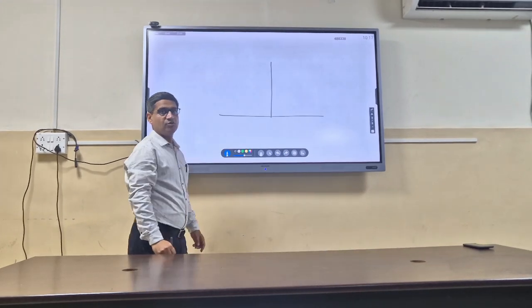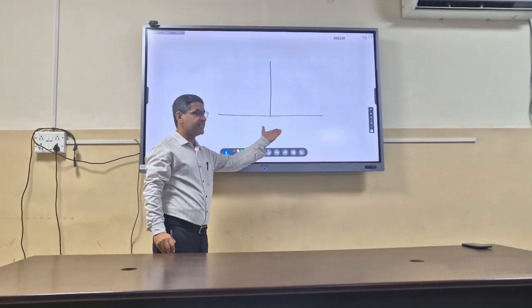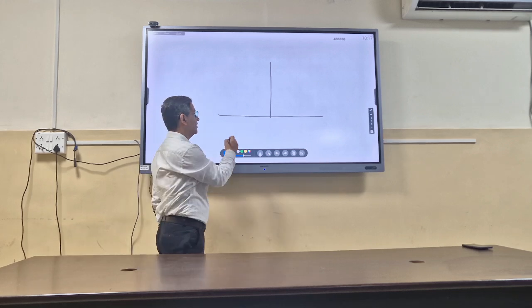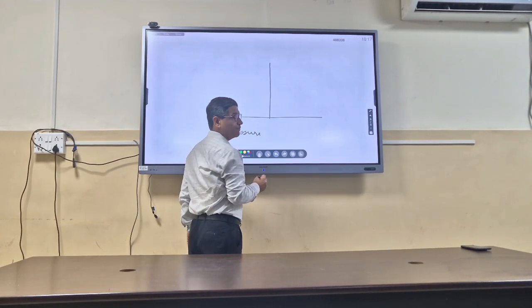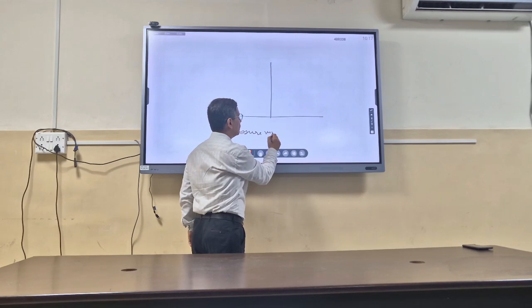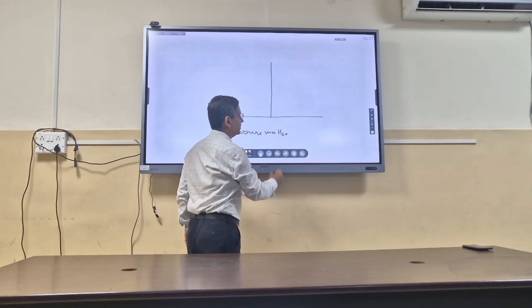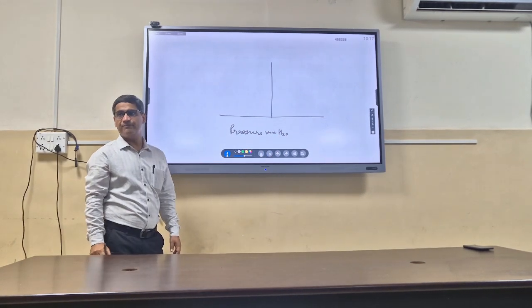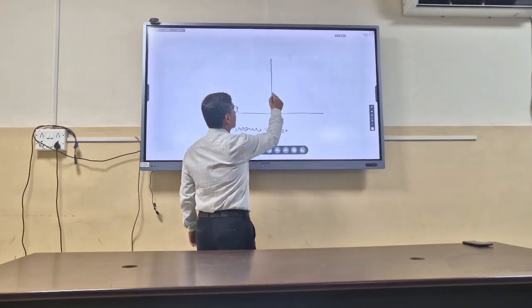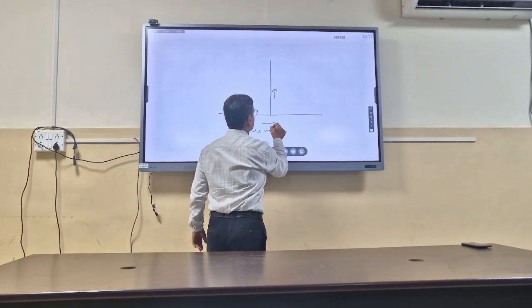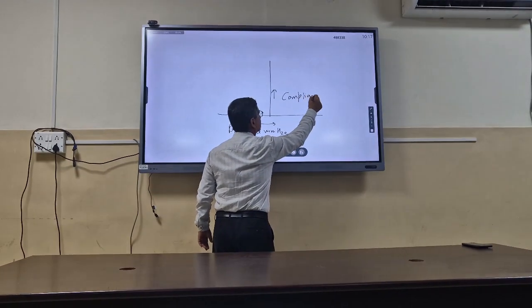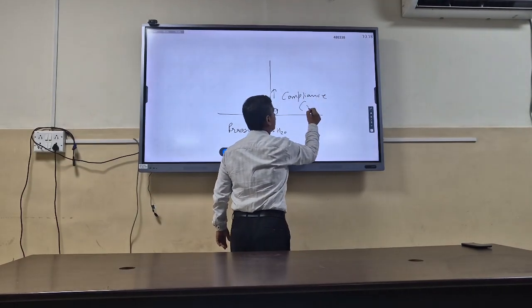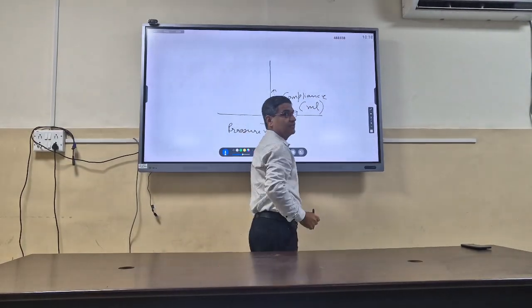On the x-axis, pressure is plotted, and the unit of pressure here is millimeters of water. On the y-axis, compliance is plotted, and the unit of compliance is milliliters.